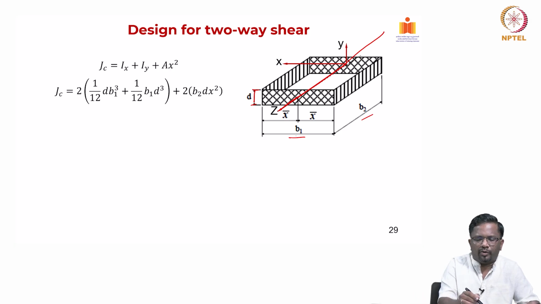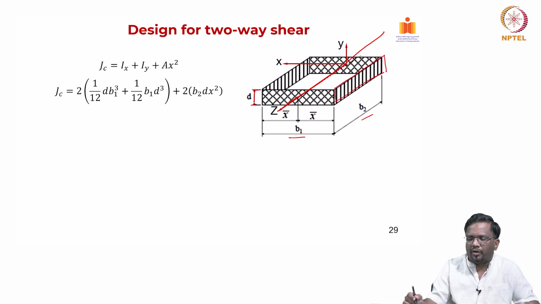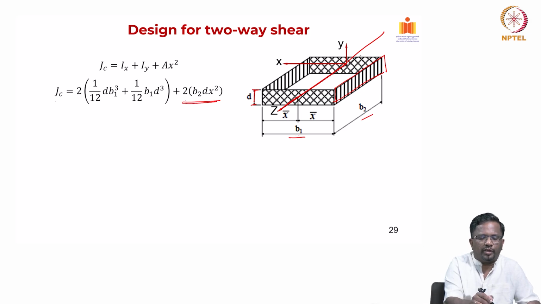So, polar moment of inertia is going to be d B1 cube by 12 plus B1 d cube by 12 plus these sections are at a distance of B1 by 2, right. So, in this case x bar is going to be B1 by 2. So, I can calculate x square using that.